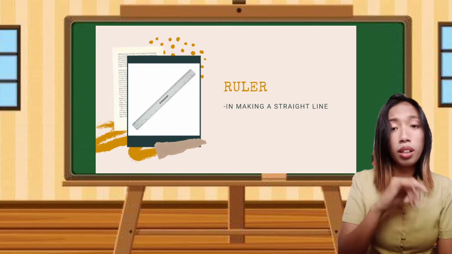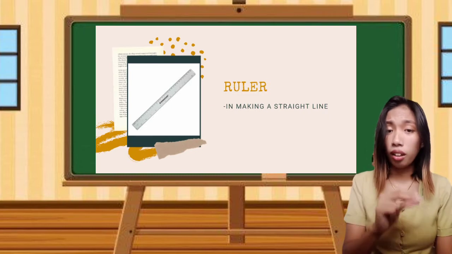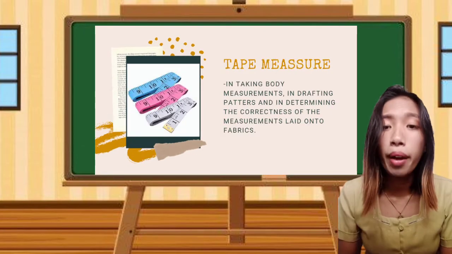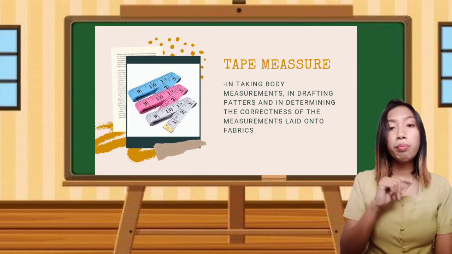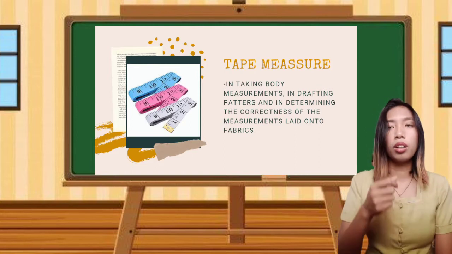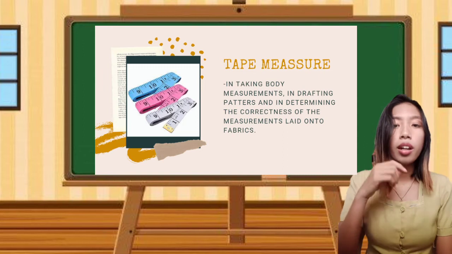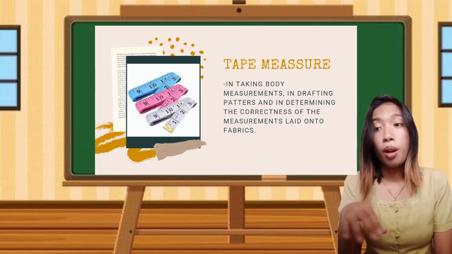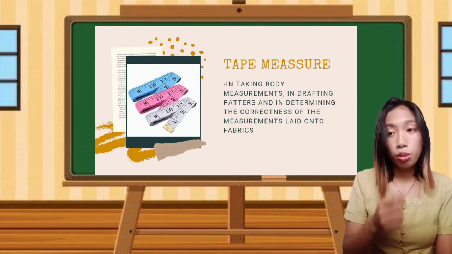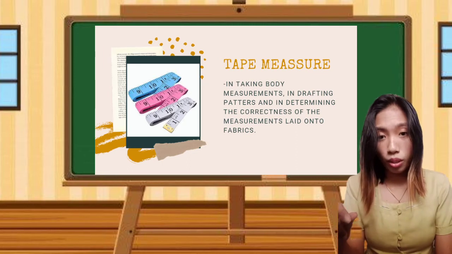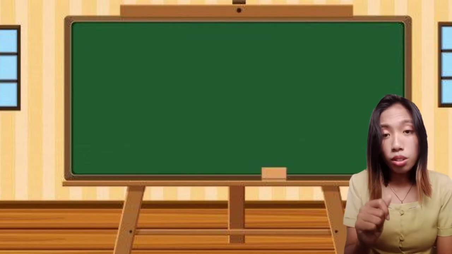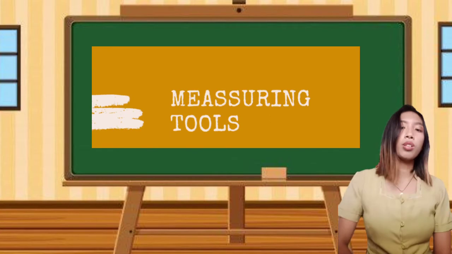When do we use a ruler? In making a straight line, of course. When do we use a tape measure? In taking body measurements or drafting patterns and determining the correctness of the measurement laid onto the fabric. How do we classify these tools again, class? Correct, they're the measuring tools.